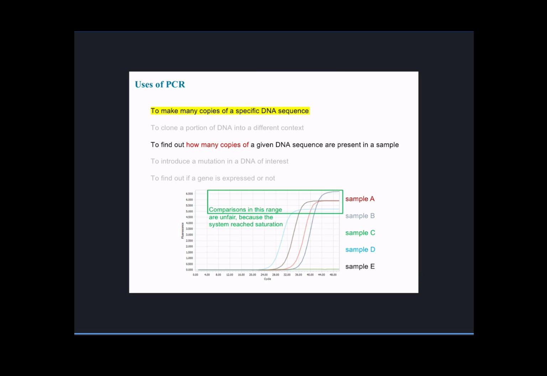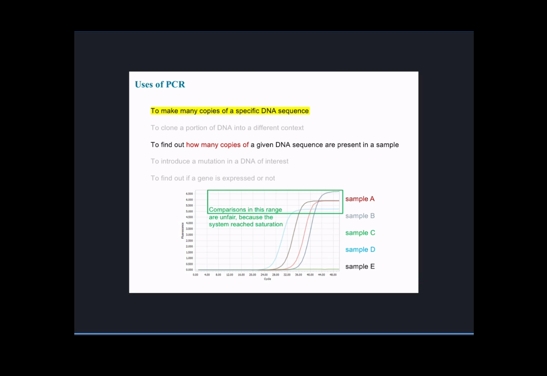Depending on factors that are not usually under our control, it can saturate and no longer produce that double amount of amplicon molecules with every cycle. At some point, it just plateaus and it won't produce any more amplicons.